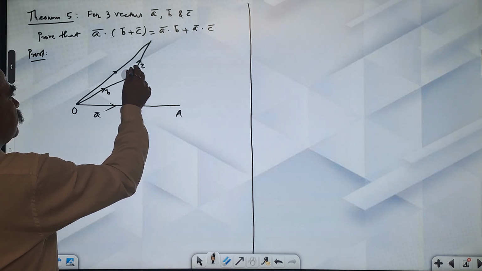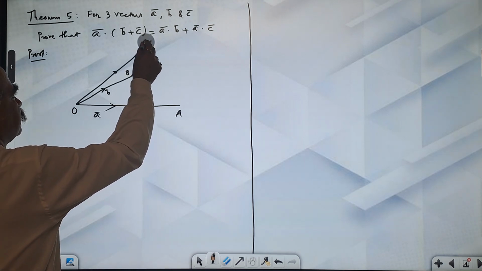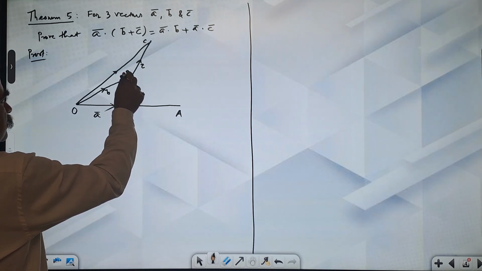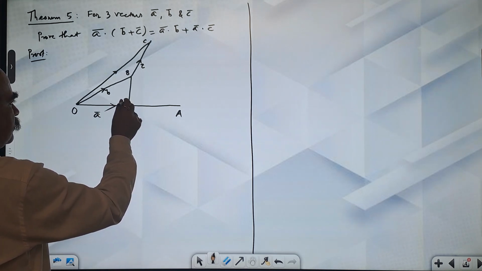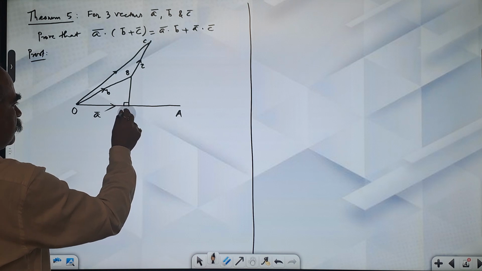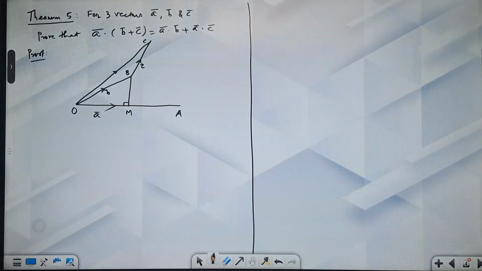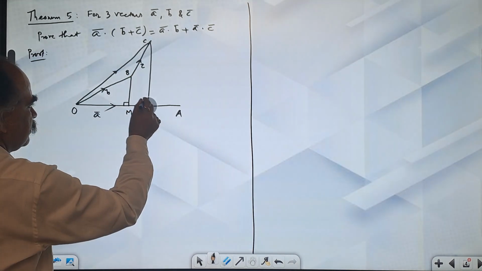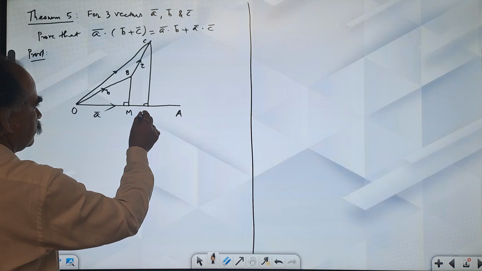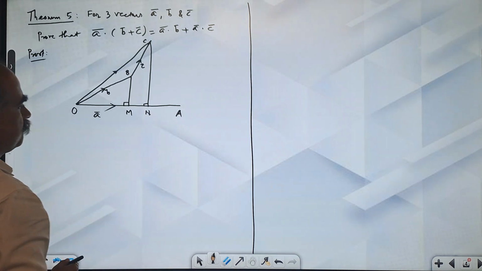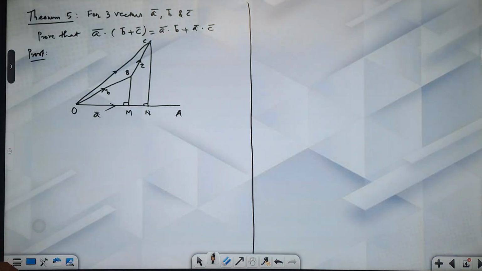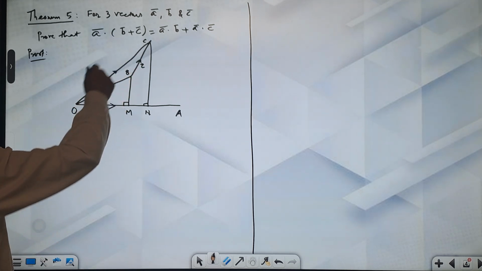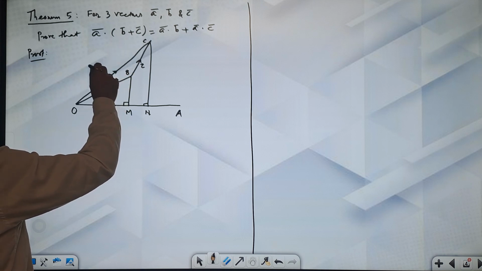B. This point is C. Draw BM perpendicular on A bar and draw CN perpendicular on A bar. And by triangle law of vector addition, OC bar is what? B bar plus C bar.